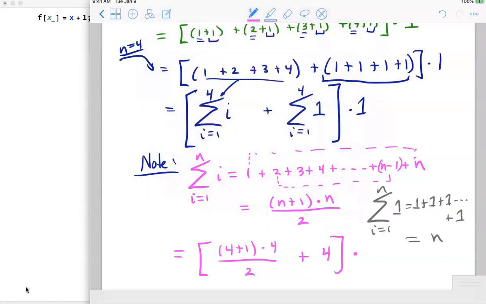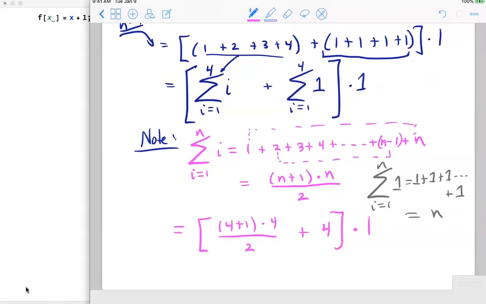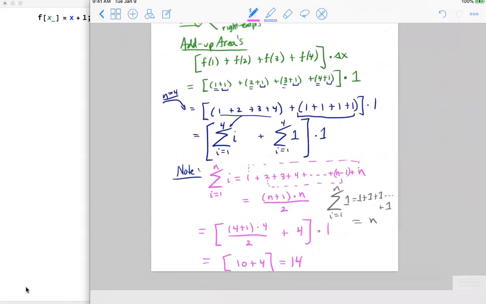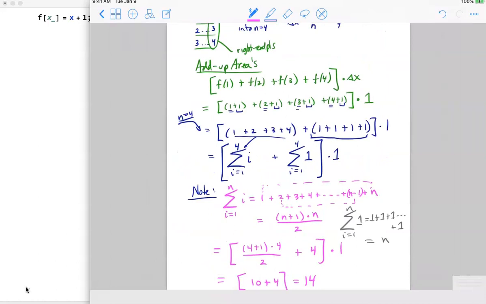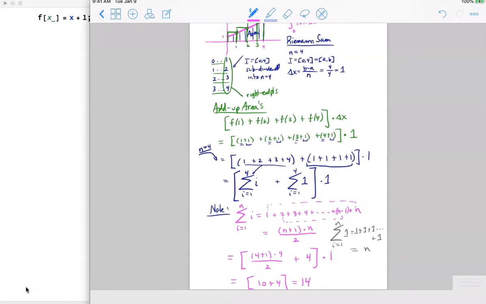Okay? And then all that will be multiplied by 1. So the answer here is going to be 5 times 4 over 2, which is 10, plus 4 is 14. Okay? And that's if your number of rectangles is equal to 4.